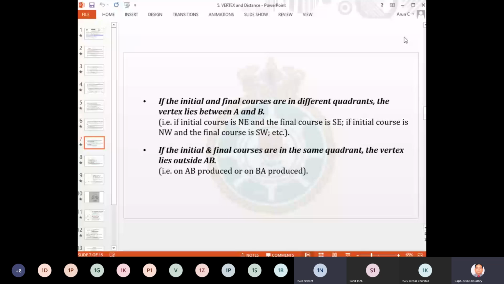What we are saying is the maximum latitude that the vessel will be passing. So for that reason, we need to calculate the vertex.